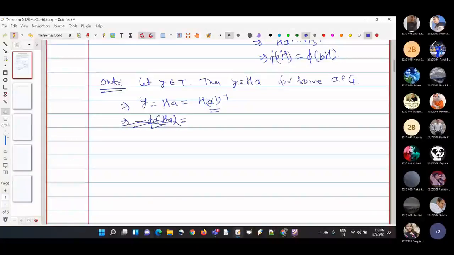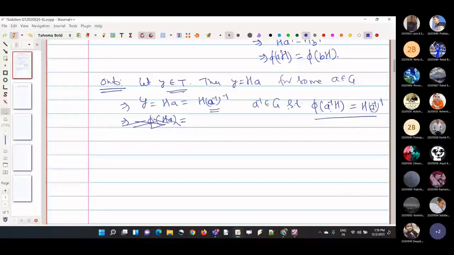Corresponding to each element y in T, we are able to get a inverse here. By definition, a inverse will be an element of course G, such that phi of Ha inverse, H equals H of a inverse.